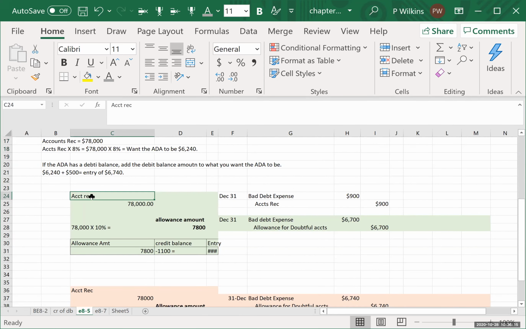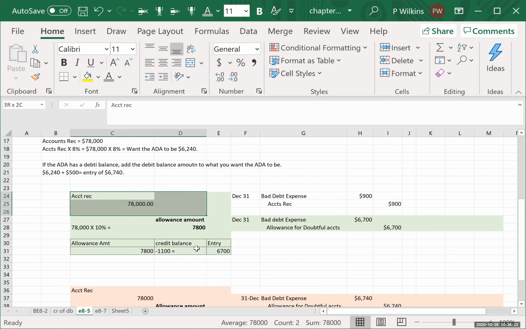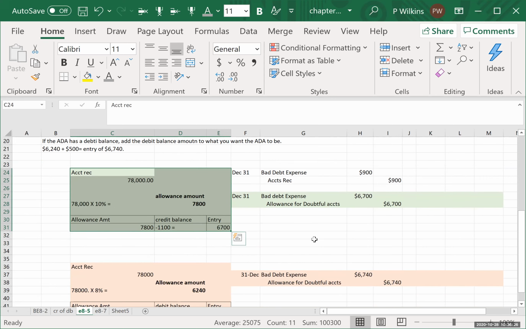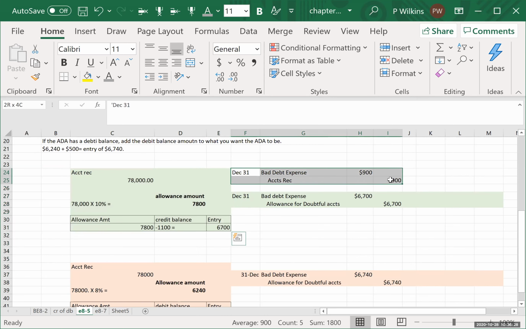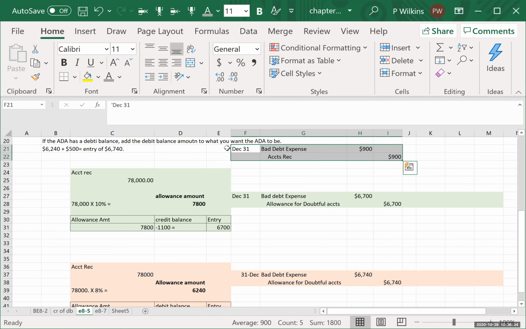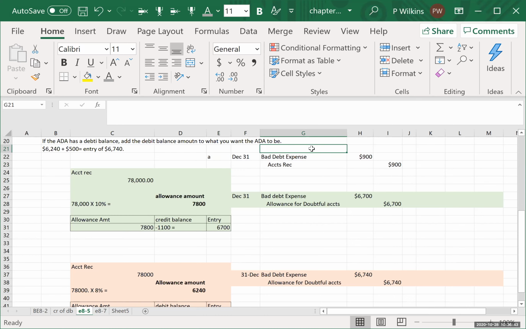Actually, I'll just show you right down here. So the first one here is December 31, the first one is A. That's the one where it was just a direct write-off, which is what we normally don't do, but they're having us do it just to learn how to do the right way.